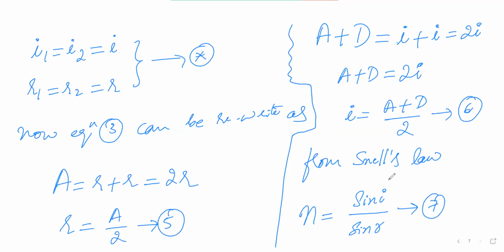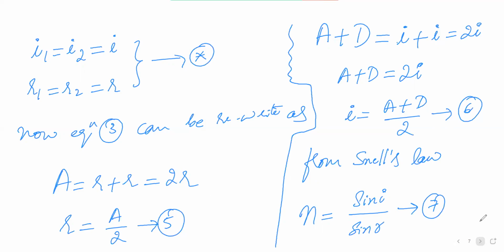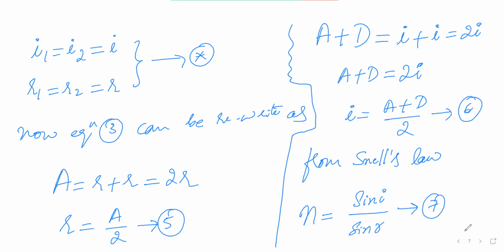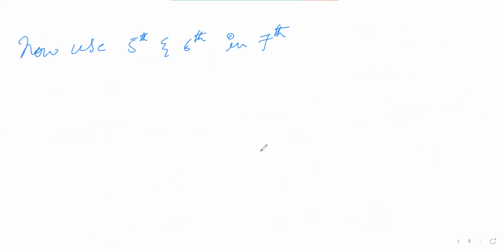Okay. Now we can use the fifth and sixth expressions in the seventh expression. So now what will happen? n equals sin i by sin r, right?